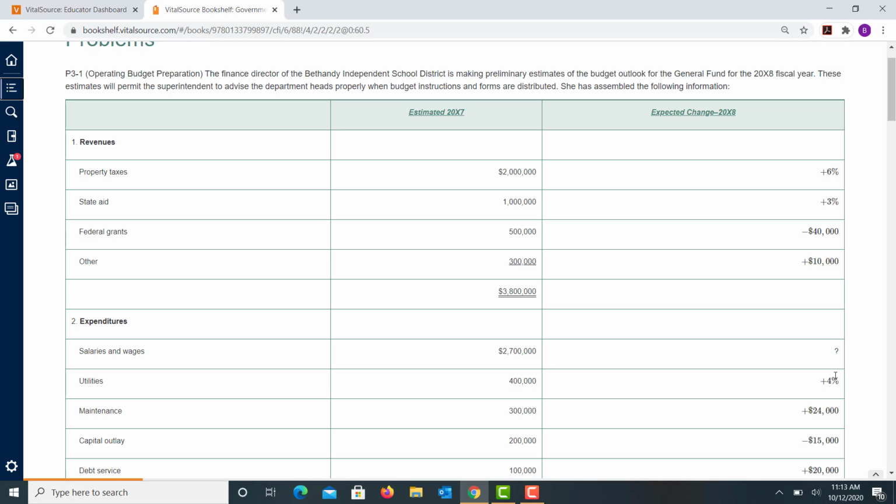So in this problem that's in your textbook, P3-1 is similar to the one you're working on in your assignment. And you can see that this is estimates for the general fund for Bethany Independent School District.